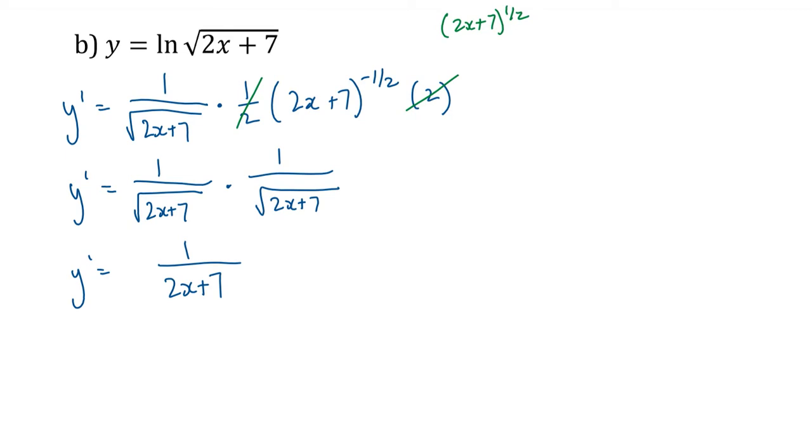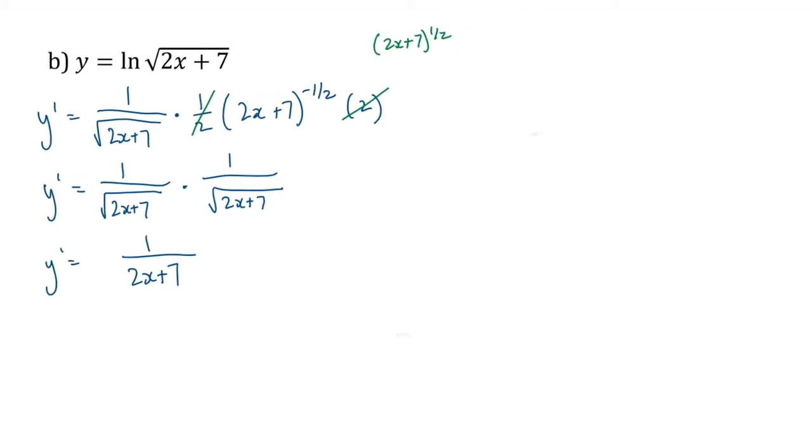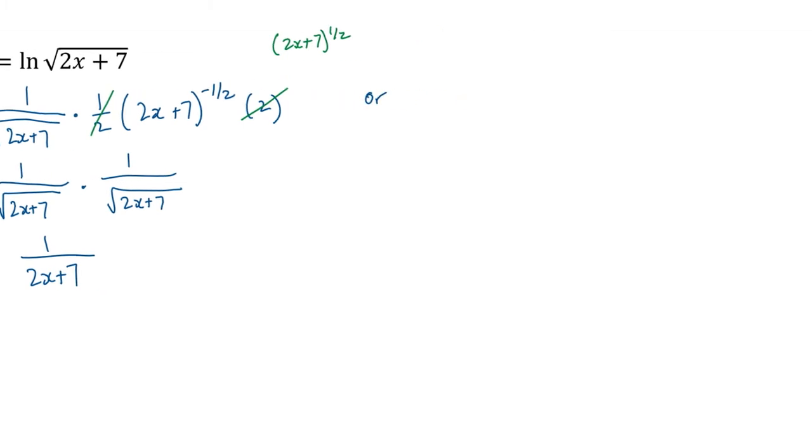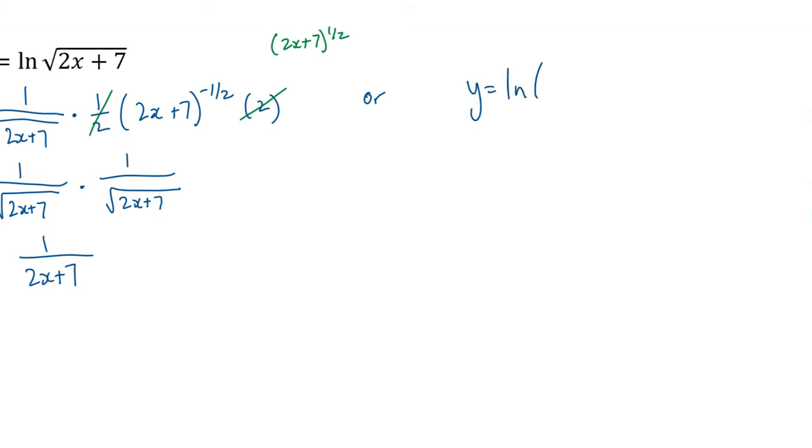Now, as often is the case with logarithms, there are different ways of doing these, by using some of the logarithm properties. So what if I did this? Y equals ln of 2x plus 7 to the 1/2. What if I wrote the square root in exponential form? Who can think of what we could do with that?